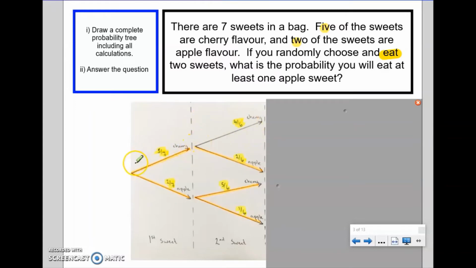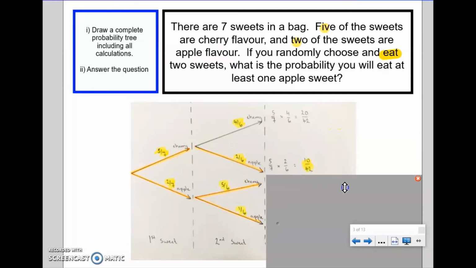Let's go ahead and do some calculations. The probability of getting a cherry followed by a cherry is 5/7 multiplied by 4/6. It's going to give me a probability of 20 over 42. Probability of getting a cherry followed by an apple sweet is 10 out of 42. Probability of getting an apple and then eating a cherry sweet second would be 10 out of 42.